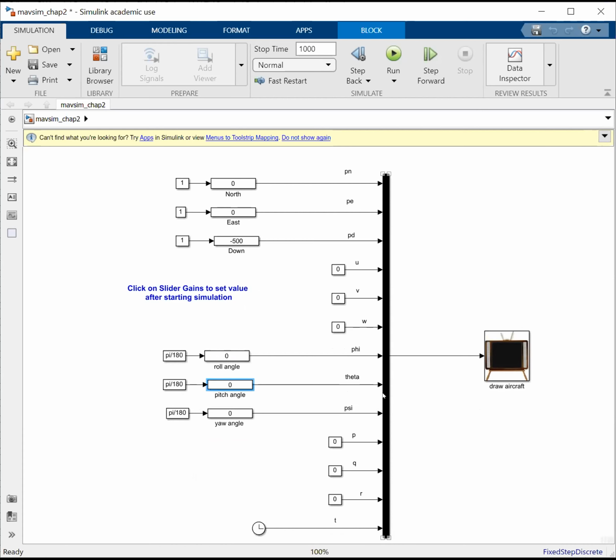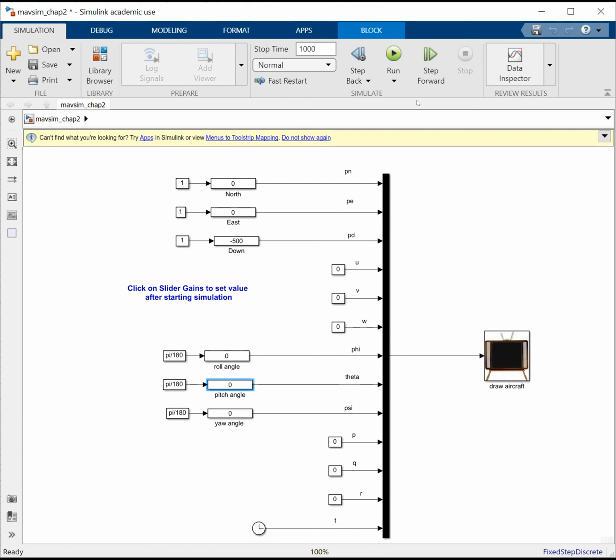This is called a multiplexer. It takes all this information and supplies it to this function, which is basically an interpreted S function. That is where this entire code resides. Any questions so far?